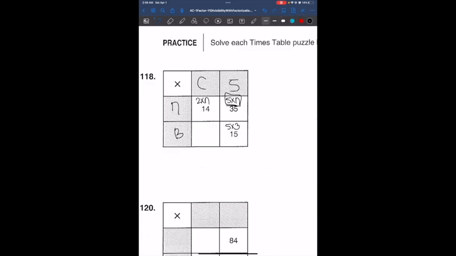Now since we know that A is 7, we know that C is 2 based on 14. And then since we know that 15 is B times 5, we know that B is going to be 3. And so we can fill in the missing box by doing 3 times 2, which is 6.